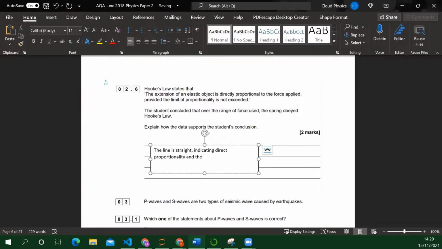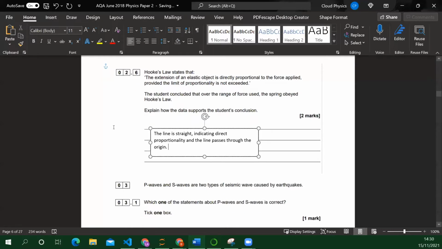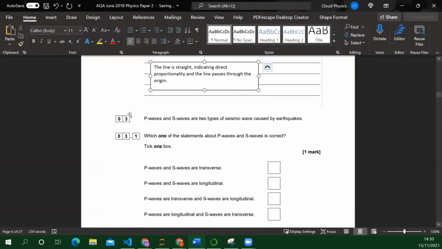And the line passes through the origin. If it didn't, it might not be directly proportional; there could be other things going on. Remember, we're talking about extension, not the actual length of the spring. So that's why it passes through the origin, because the original zero was the unstretched spring.